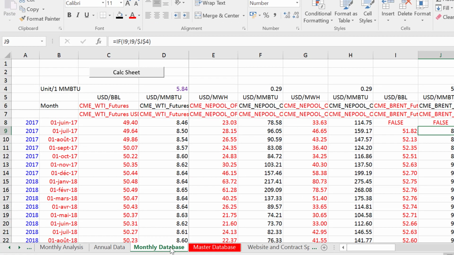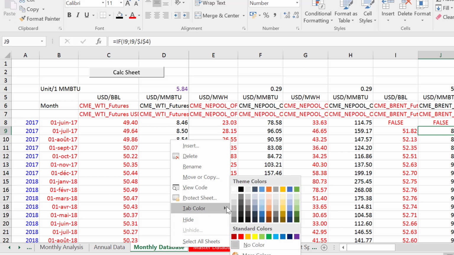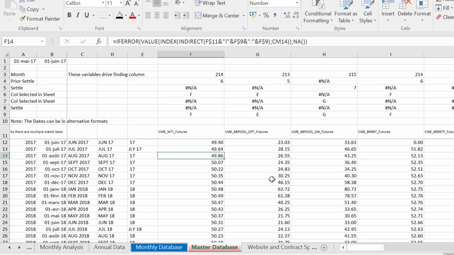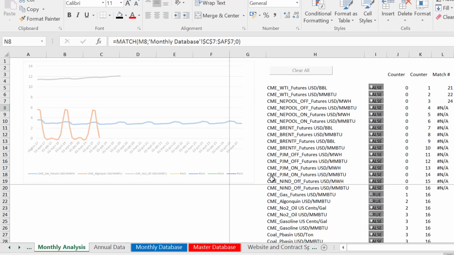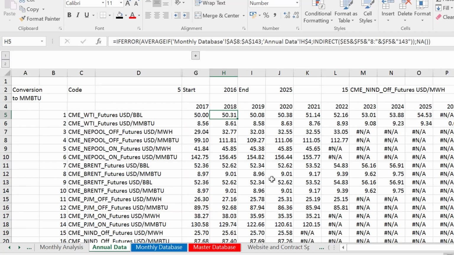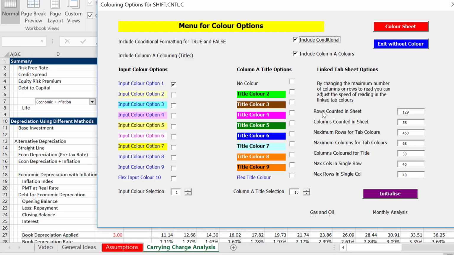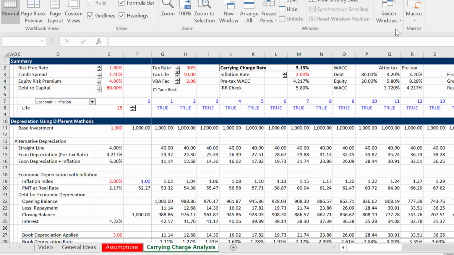Okay. Perhaps we color it. How about this color? And then we can, where was I? Okay. Come on. And then Shift Alternate C. Watch this not work. And I'm going to just color the sheet.